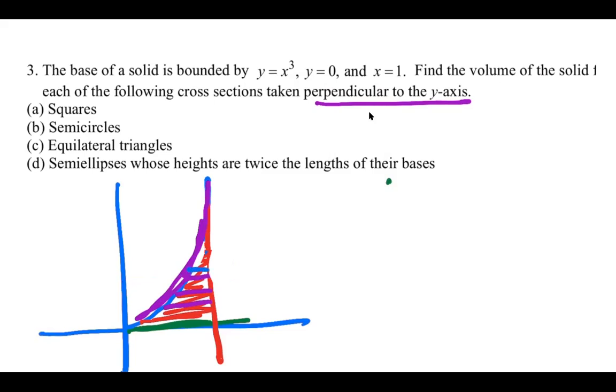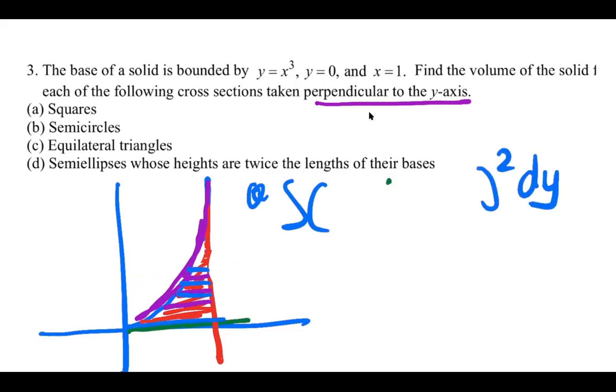All right, so we're slicing it this way, and we're going to get ready to add up squares. So I'm going to say side squared dy. My y's are going from 0 to 1, but be careful. When it's x cubed, I need to solve this for x if I'm doing it in terms of y. This is x is equal to the cube root of y, and x is equal to 1.